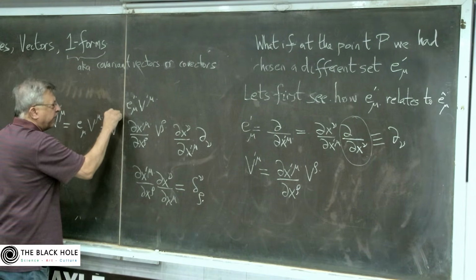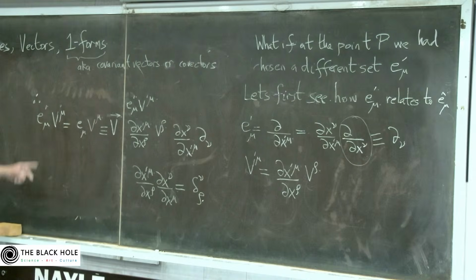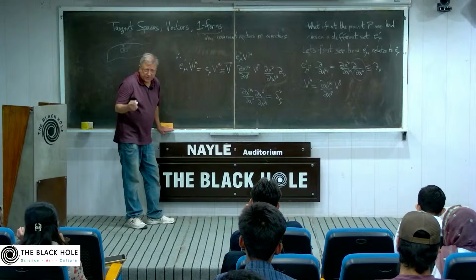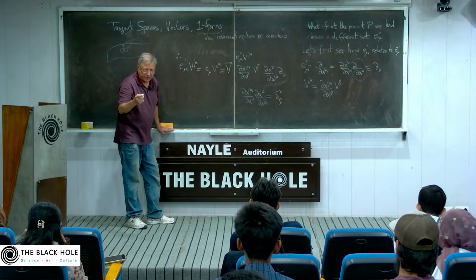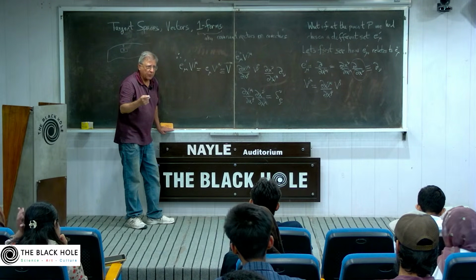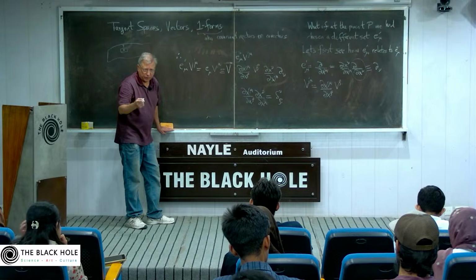You can write this boldface, or you can write this with a little arrow at the top. But this is what we were discussing earlier, that how you describe a vector does not depend upon which coordinate system you are using.